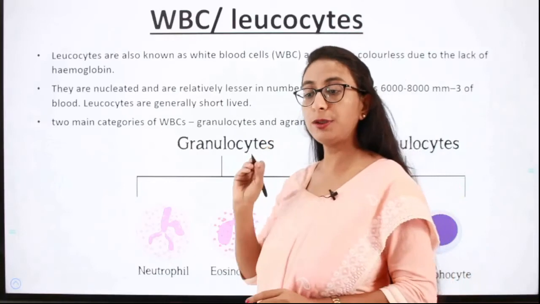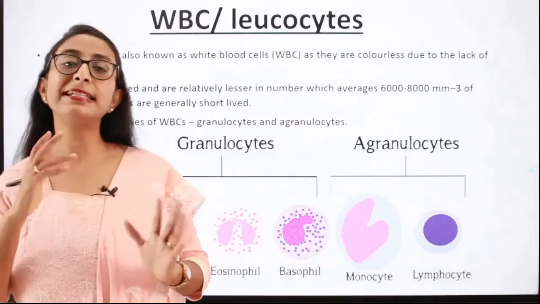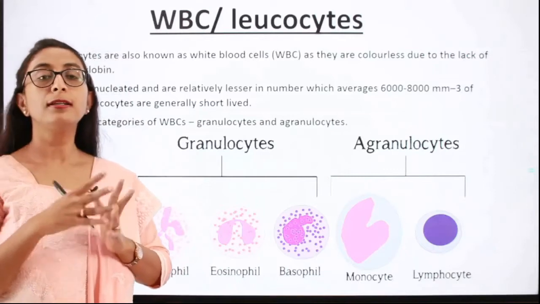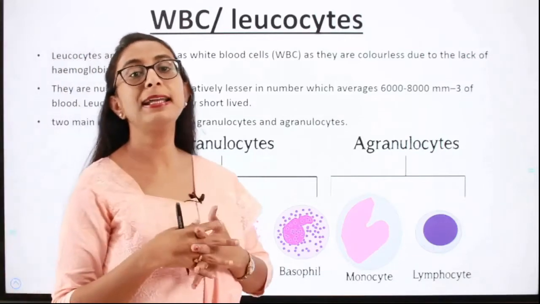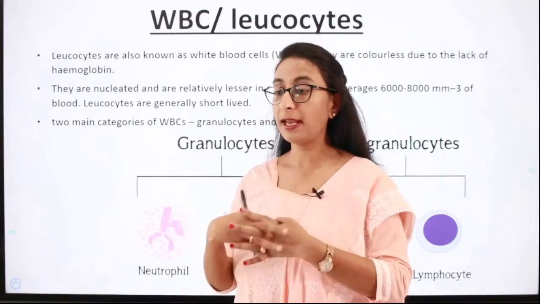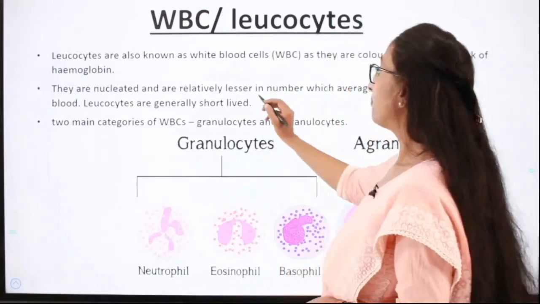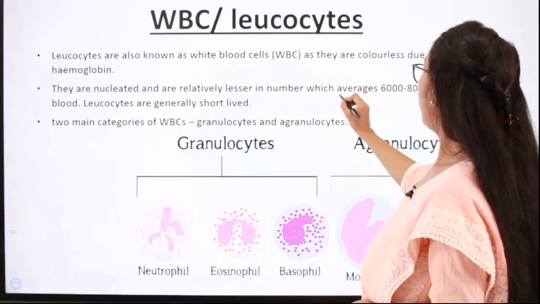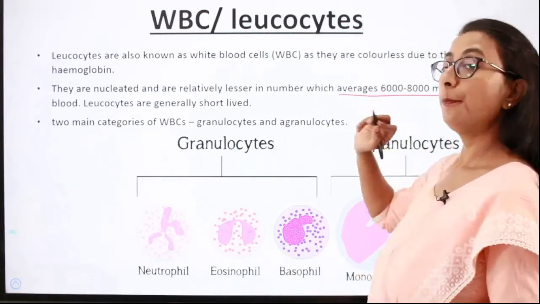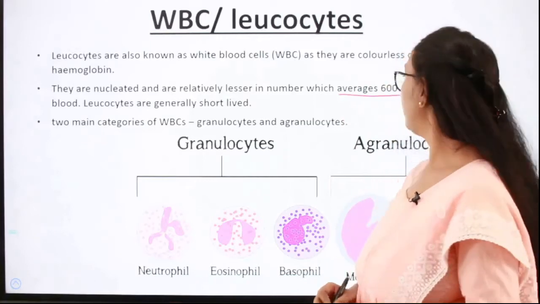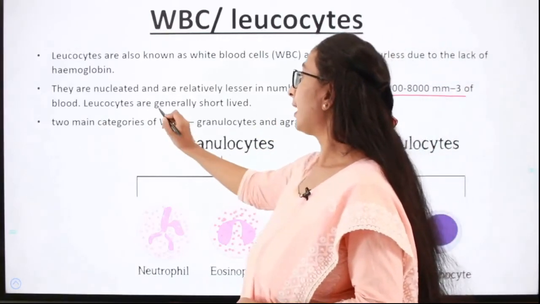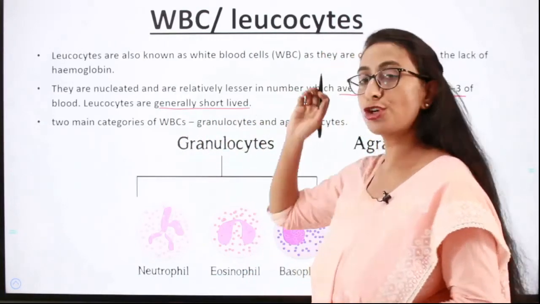Okay, they are nucleated and they are relatively less in number in comparison to the RBC. So the number of RBCs in blood is very high, whereas WBCs is less in number. And you can find that on an average there are around 6,000 to 8,000 per millimeter cube of WBCs in the blood, and the life of WBCs is much shorter lived.